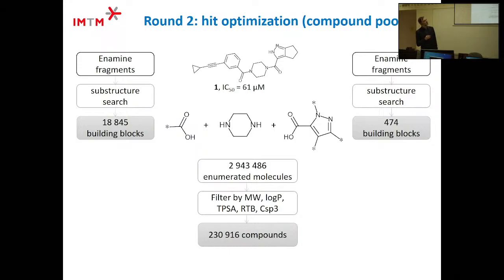So we retrieved all carboxylic acids from the Enamine library and all pyrazole carboxylic acids from this library, and combinatorially enumerated all possible structures. So we finally got almost 3 million compounds, which were filtered by the physicochemical criteria suggested by the organizers, and we got 200,000 compounds finally.